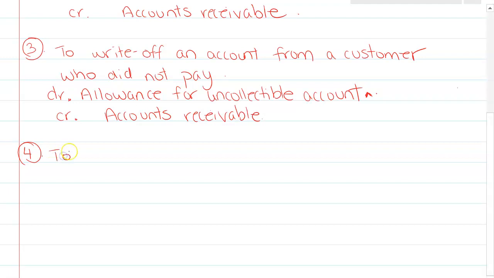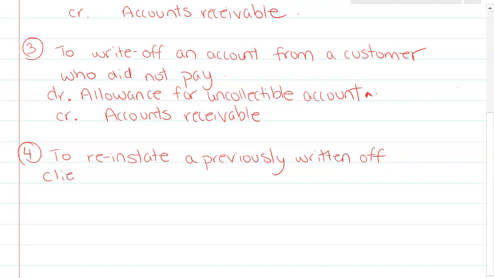So this fourth journal entry would be to reinstate a previously written off client. So this is the journal entry we did here to write them off. So all you're going to do is reverse that journal entry. So we're going to debit the accounts receivable.